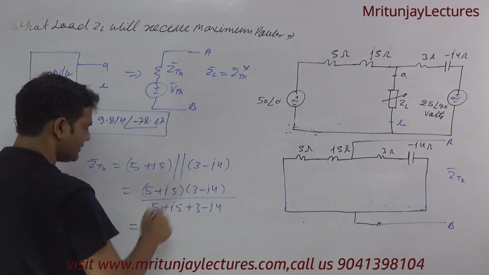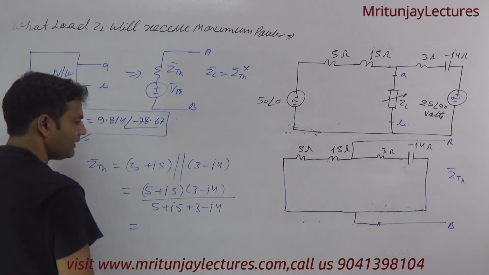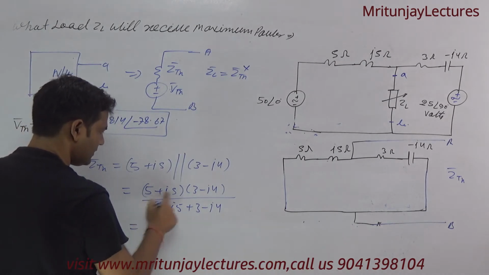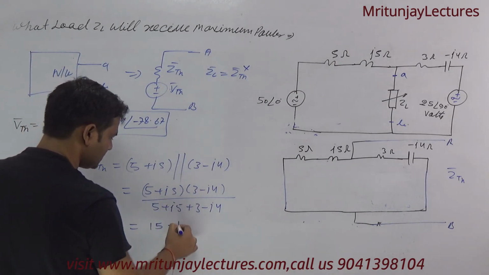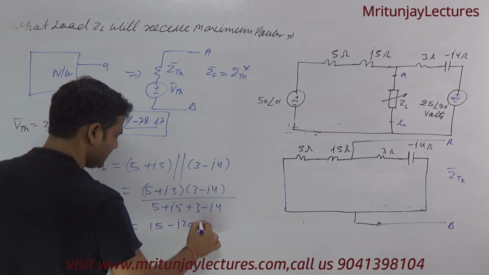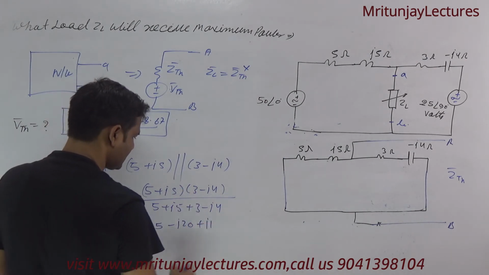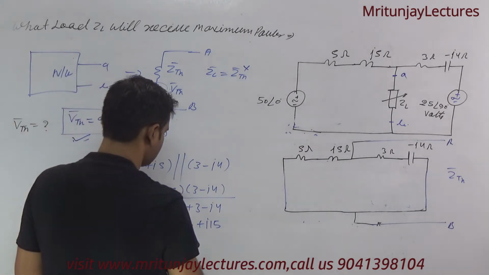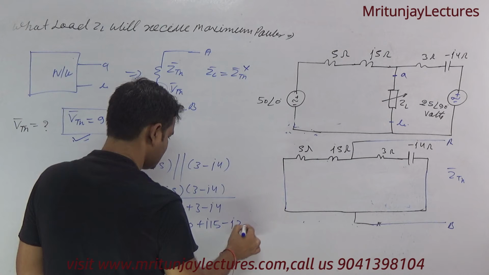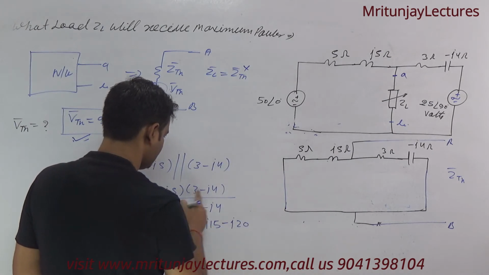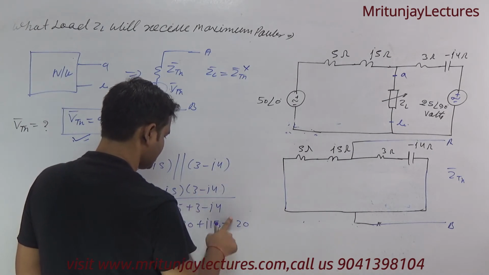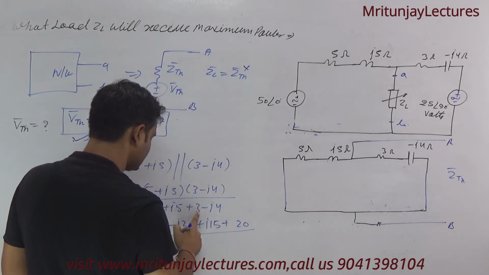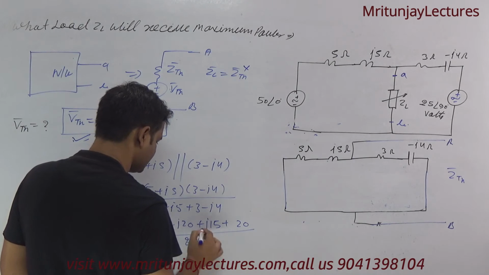We got 5 into 3, that is 15, minus j20, and j15, and j square is minus 1, so plus 20, whole divided by 5 plus 3, 8, plus j.